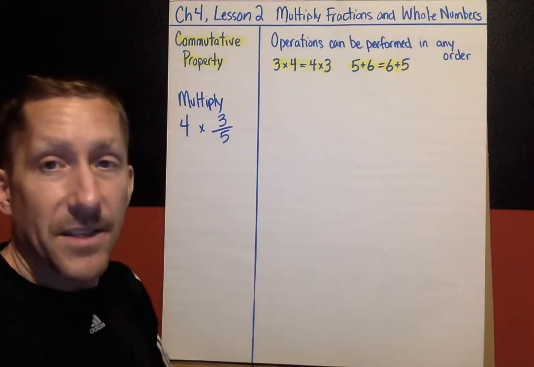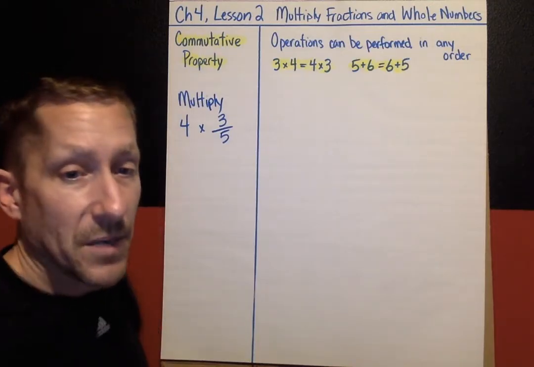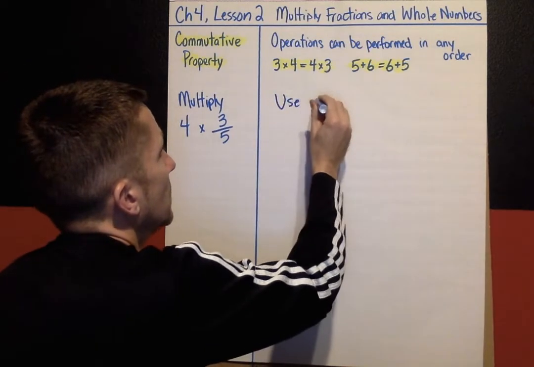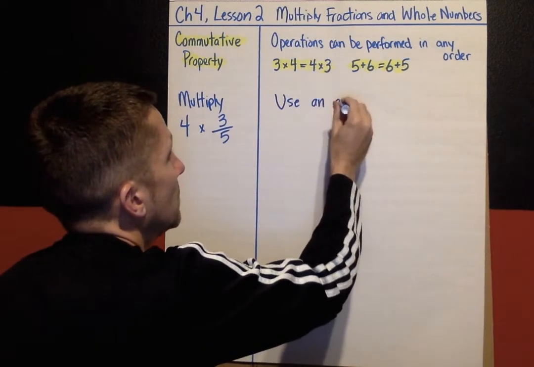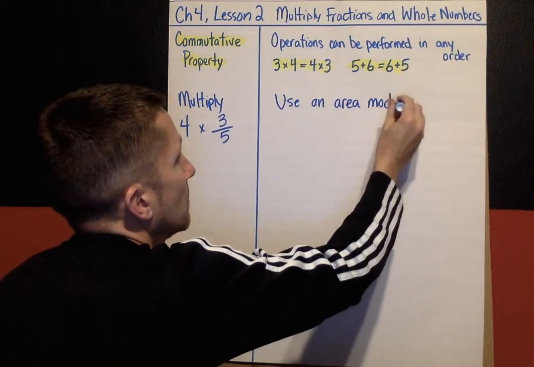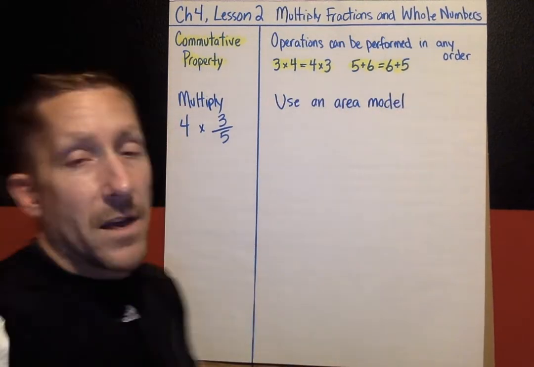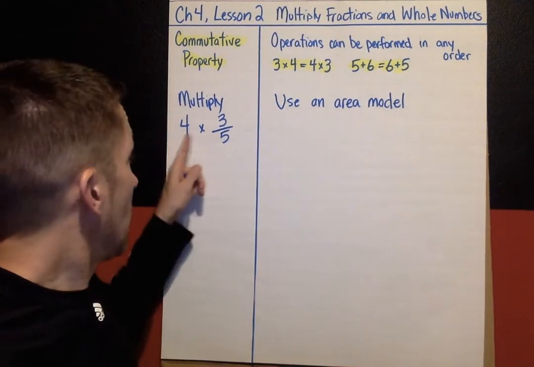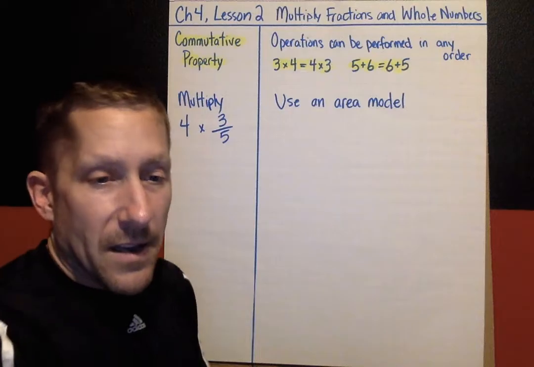The first strategy that we're going to talk about is using an area model. An area model is basically a drawing of 4 times 3 fifths.